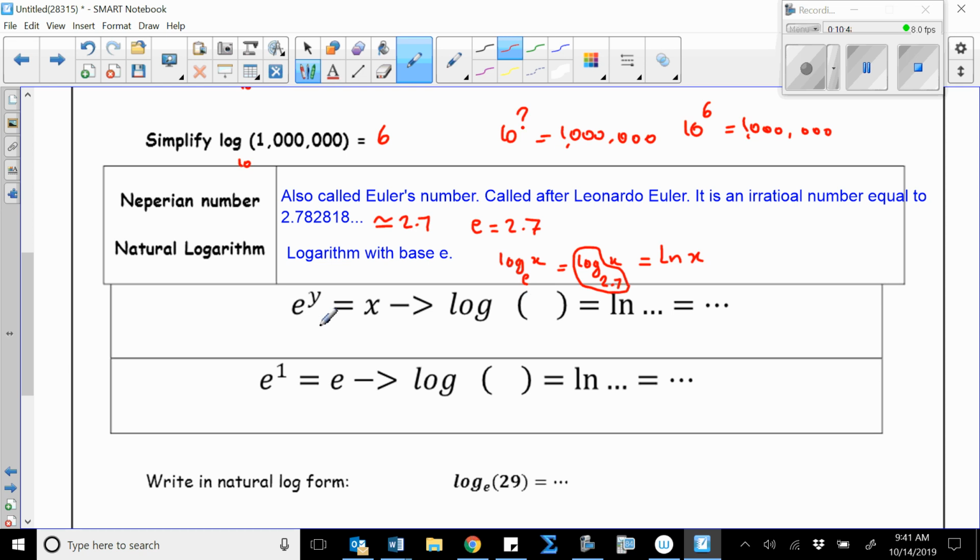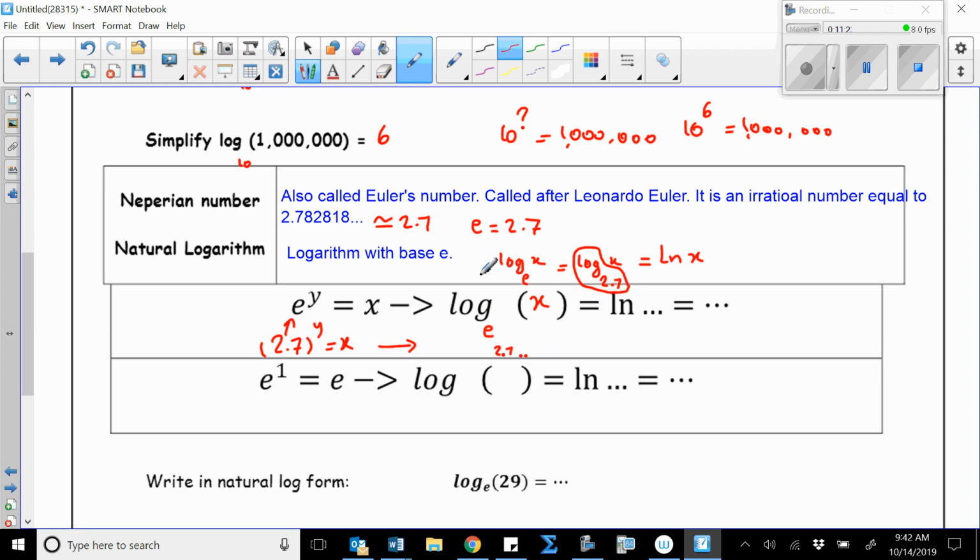So here we have an example. If I have e to the power of y equal to x, this e is 2.7, so this is actually 2.7 to the power of y equal to x. We don't have to write 2.7, we just refer to it as e. So if I change this to the log form, it's actually log of x with base e, which we know is 2.7 something.